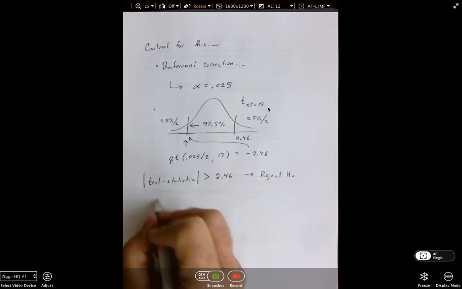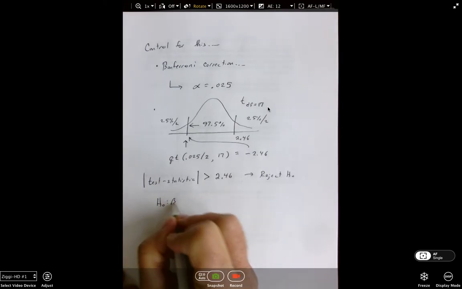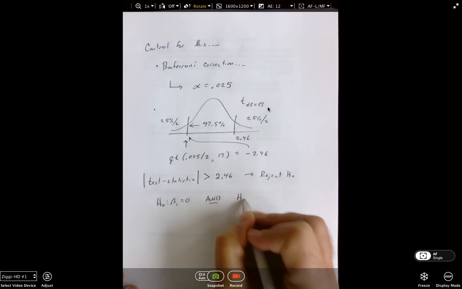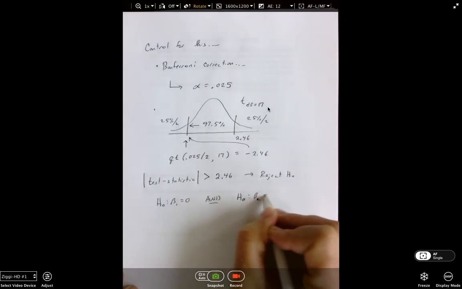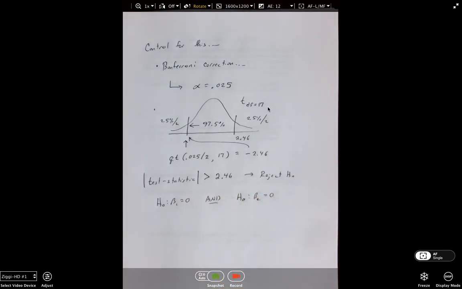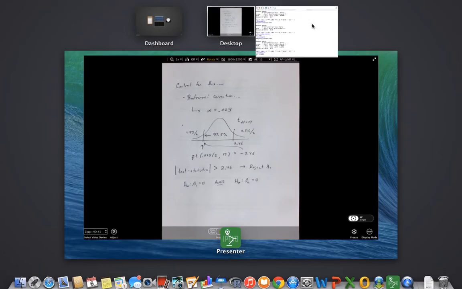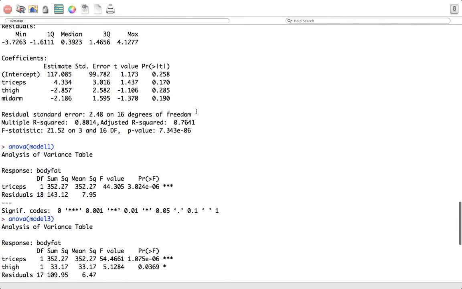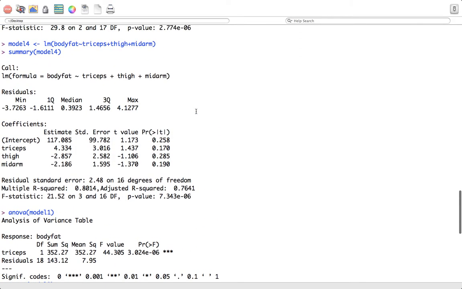And again, what are we testing? We're testing these. Well, guys, we can go back and get our values. We ran that, I think, didn't we, for the full-on model?